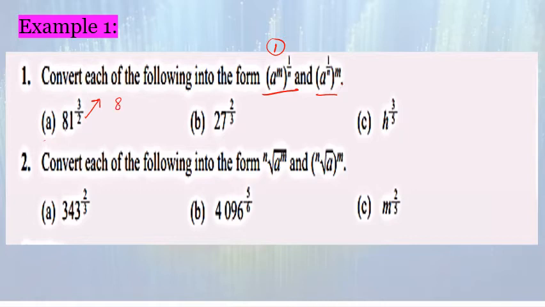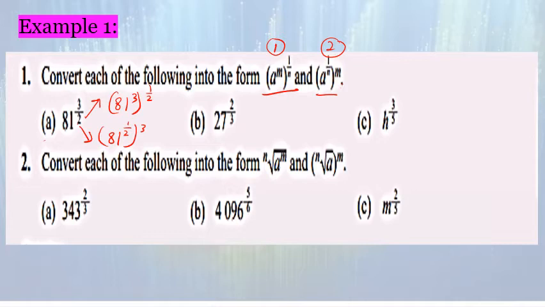So 81 power 3, and then bracket to the power of 1 over 2. Now the second one, convert to the second pattern. We do the root first, the fractional indices first. So 81 to the power of 1 over 2, and then power with 3.